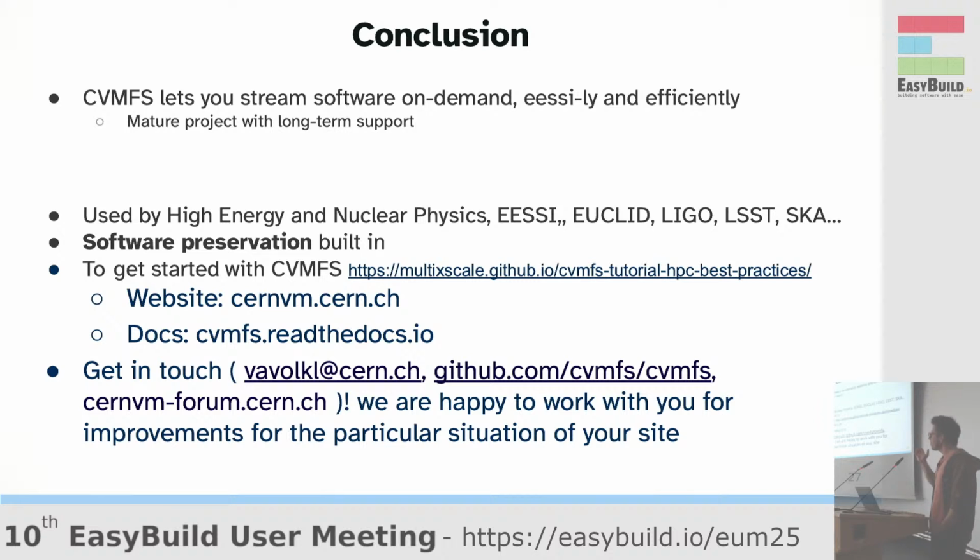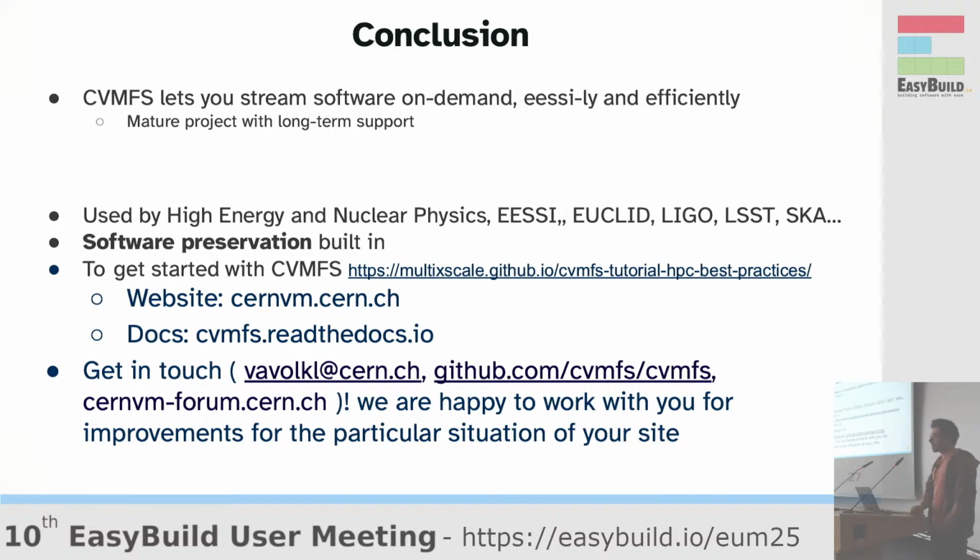Part of the trade-off is that new features are sometimes a bit slow to get into CVM-FS. We try to be very quick with bug fixes, and the upside is that it's a very stable project. It has a lot of users, and I'm happy to have EESSI as a user, but there's also Euclid, LIGO, and other astrophysical users.